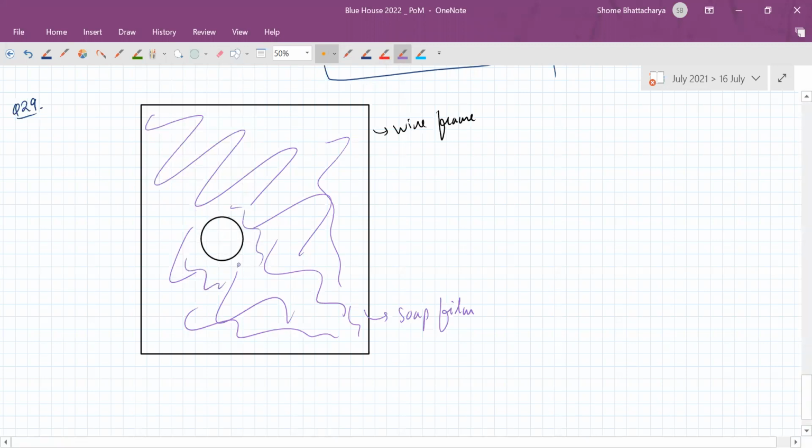There's soap film only outside. So surface tensional forces are acting in this way. And this loop will form a circle of radius r such that 2 pi r is equal to the circumference of that loop.